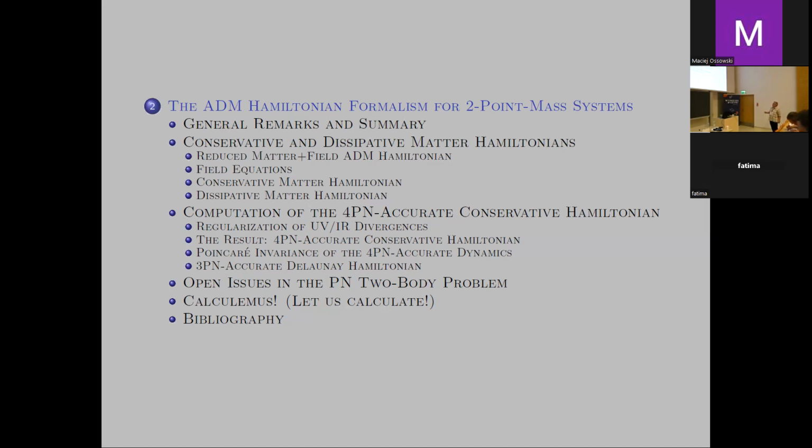And I will end with the 3PN accurate Delaunay Hamiltonian derivation. This Delaunay Hamiltonian, that is the Hamiltonian expressed in terms of the so-called Delaunay variables, which are action-angle variables, will be needed in the part devoted to the effective one-body approach. Then I will finish with some open issues in the post-Newtonian two-body problem, and then calculemus. So there will be a set of exercises for you. And that's all.